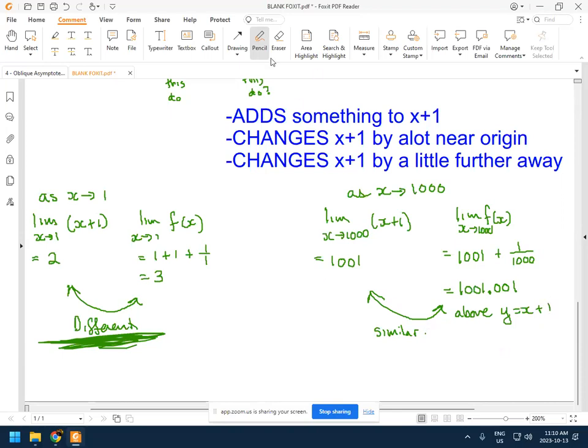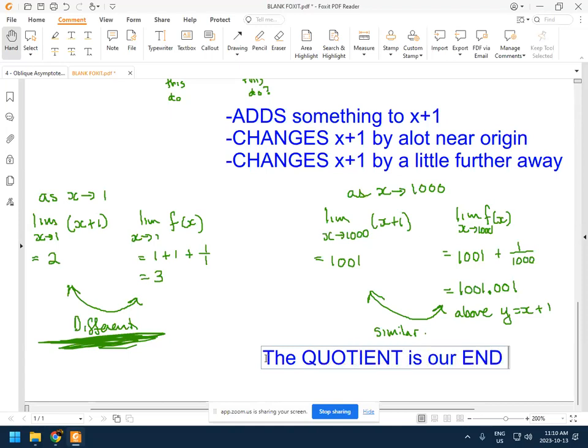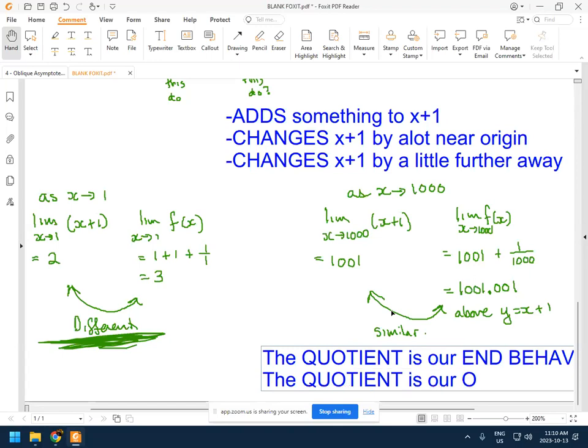That similarity is where we can make our declaration saying the quotient is our end behavior. The quotient is our oblique asymptote.